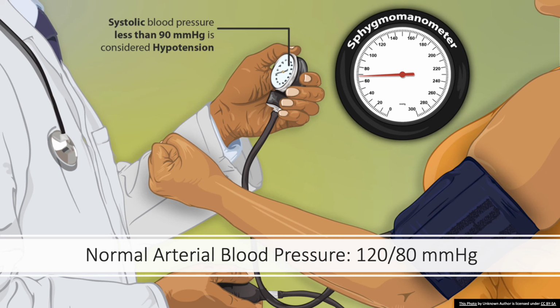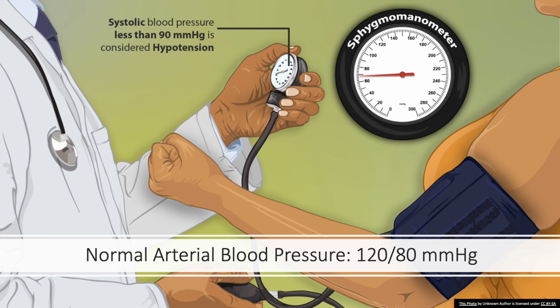The difference between them, 120 minus 80, or systolic minus diastolic, represents the pulse pressure, which in this example, for a normal person, is 40 millimeters of mercury.